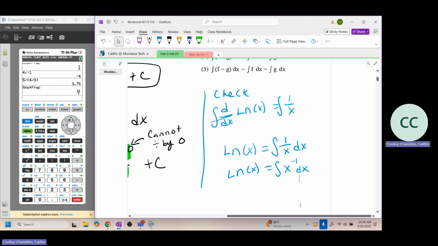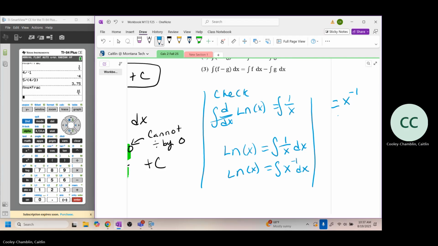Doing like I did before, instead of using this proofy technique, we want to say, okay, what derivative gives us x to the negative 1, or 1 over x? That requires knowing Calc 1 a little bit better, but we know the derivative of ln of x gives us this.